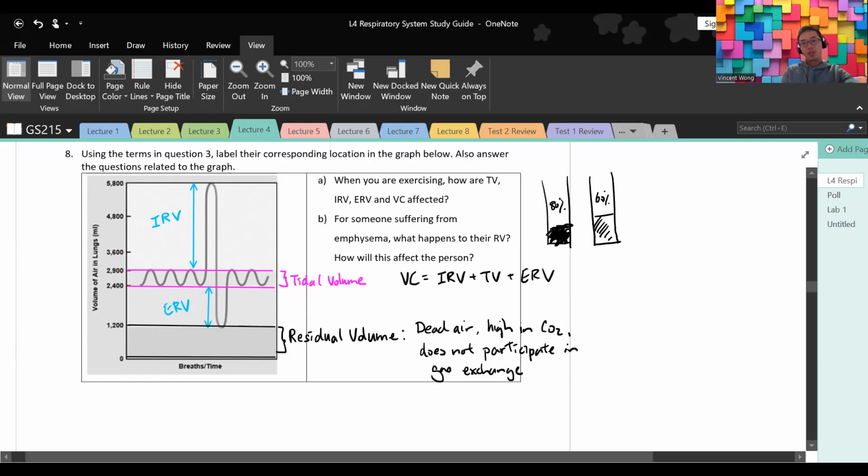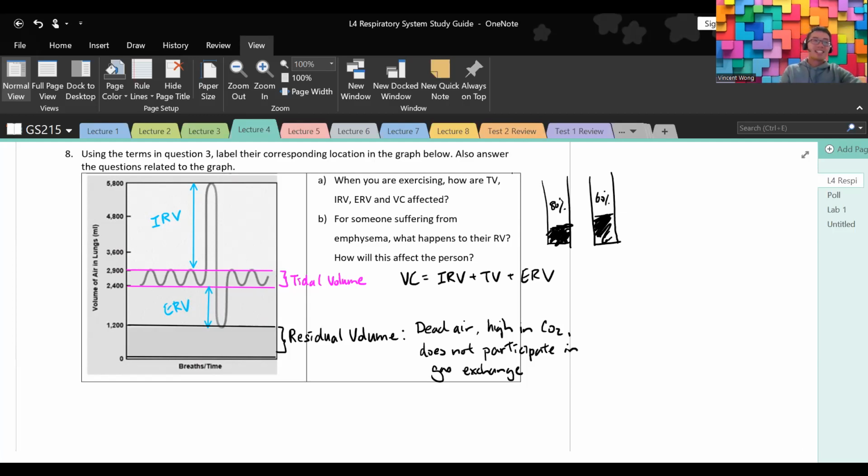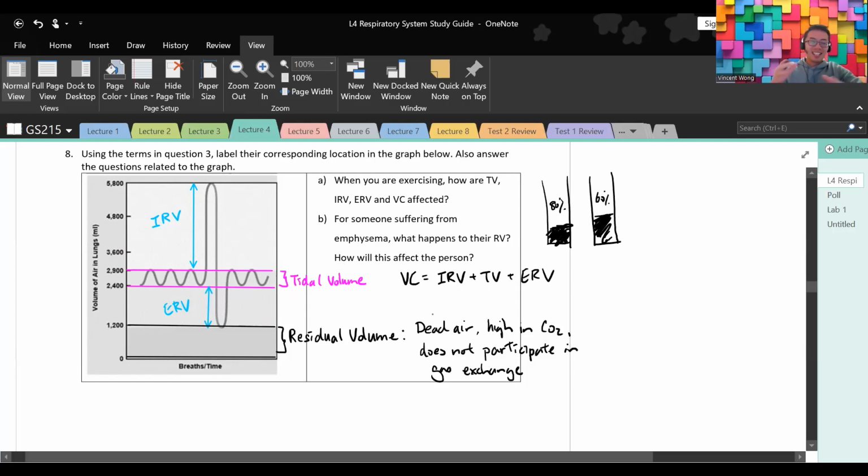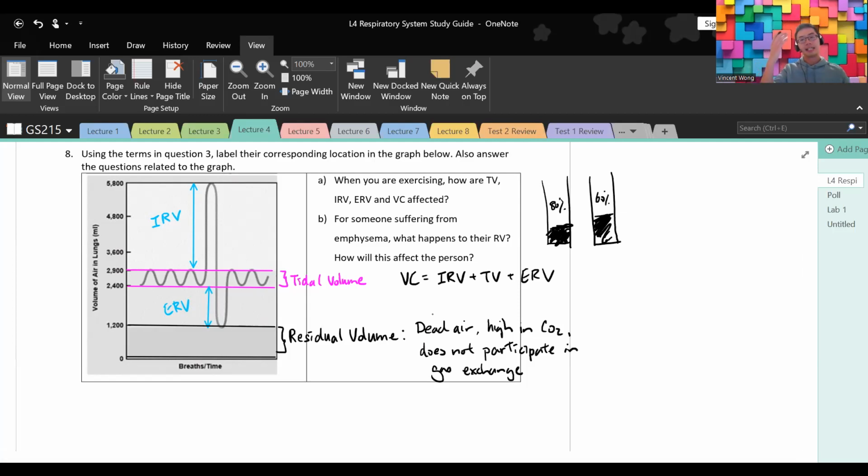So if you have more dirt stuck in there, the less space you have to fill it up, and that makes the thing less efficient. That actually was a terrible analogy. It was a good analogy in my head, but after I say it, it was not too good. The point is the dead air is going to interfere with your gas exchange, and the reason it does that is because it's taking up space and it's doing nothing.